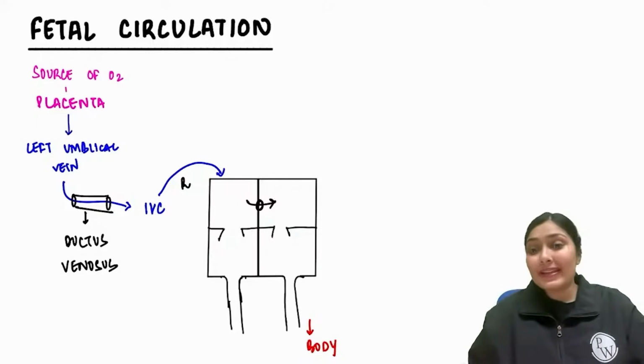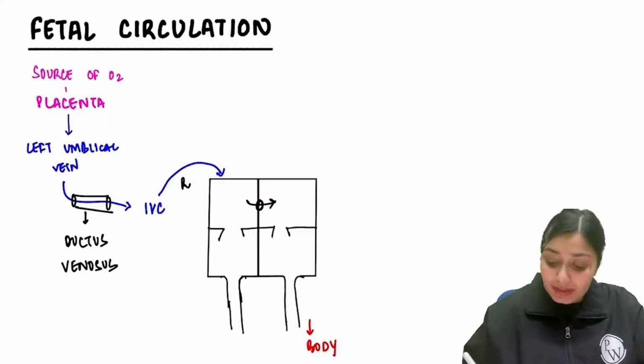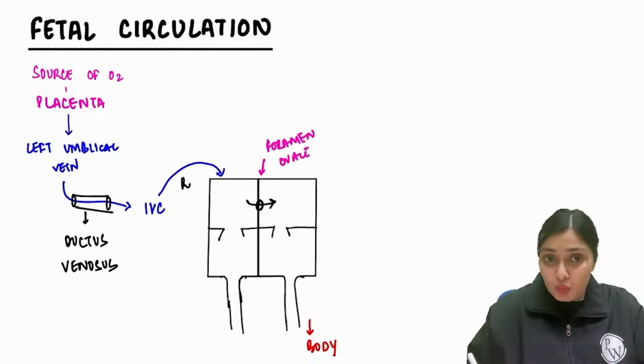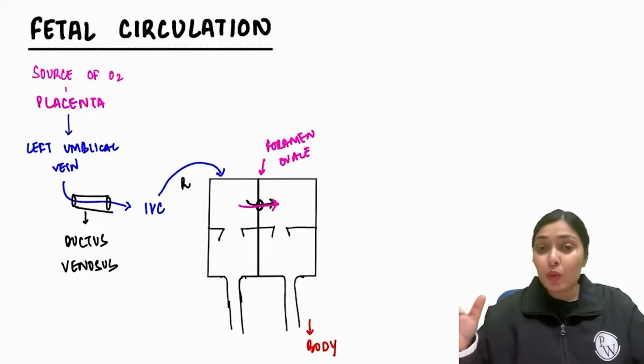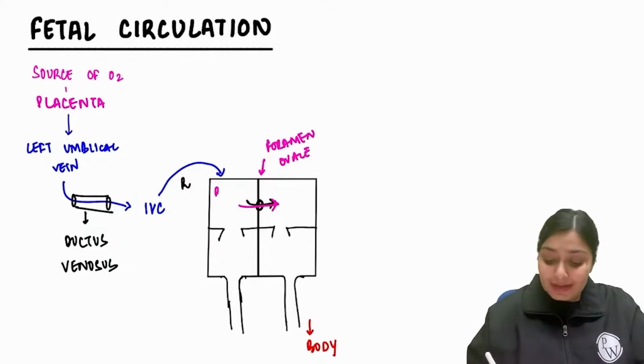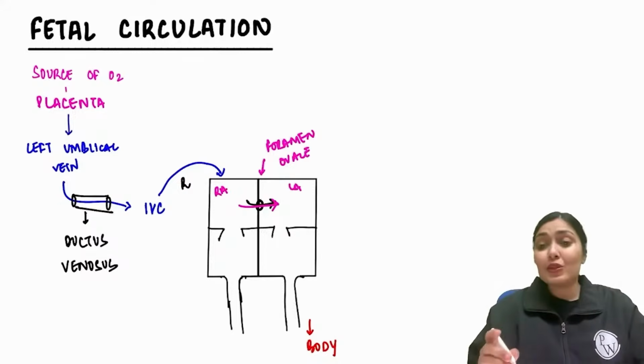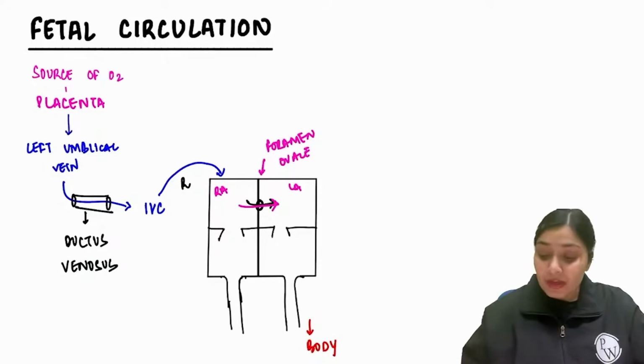This hole is known as the foramen ovale. About one-third of the blood will go through this hole in between the two atria, the right atrium and left atrium. This is known as the foramen ovale.